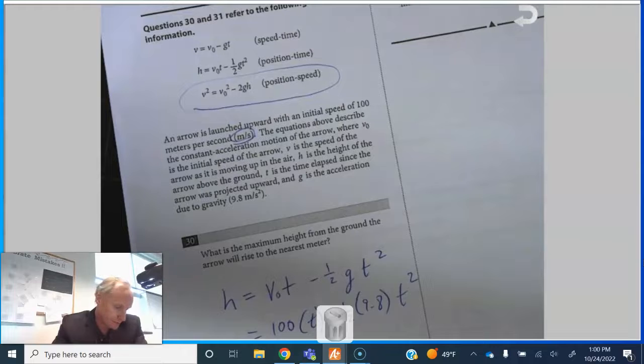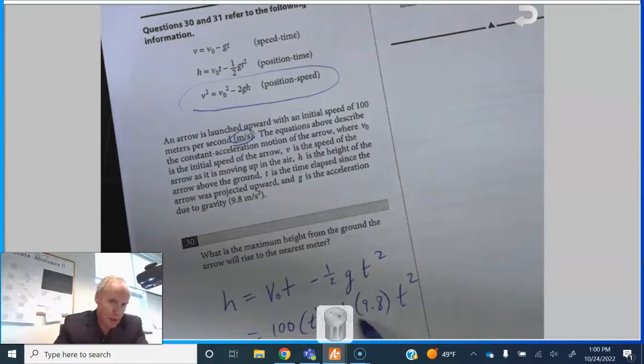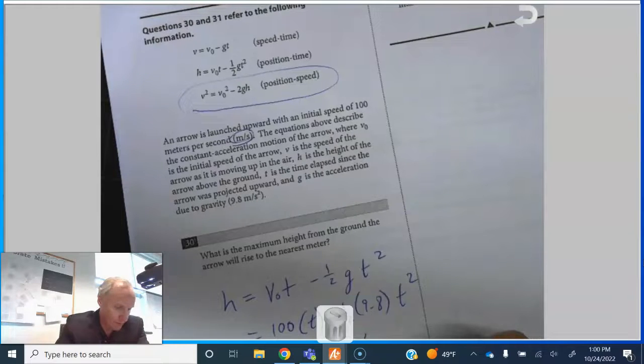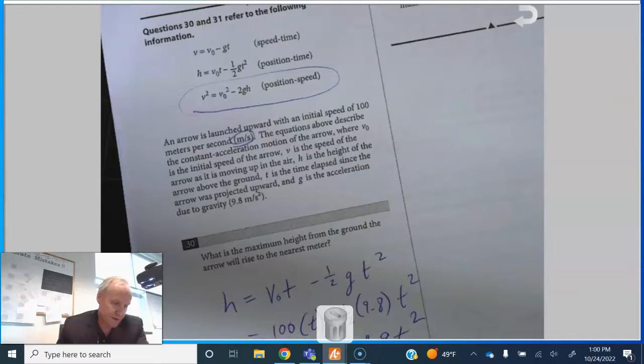This is 100t minus 4.9t squared, and we want to maximize the height.